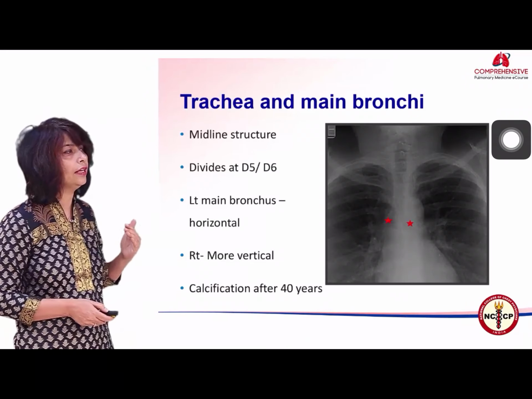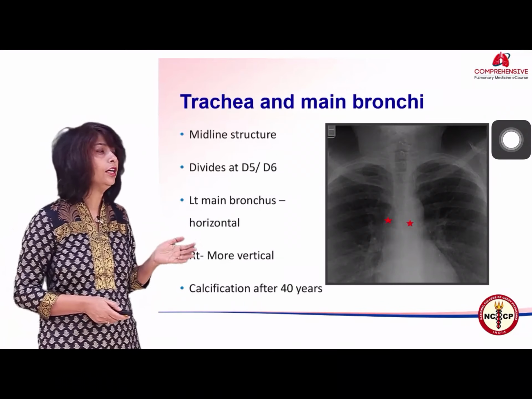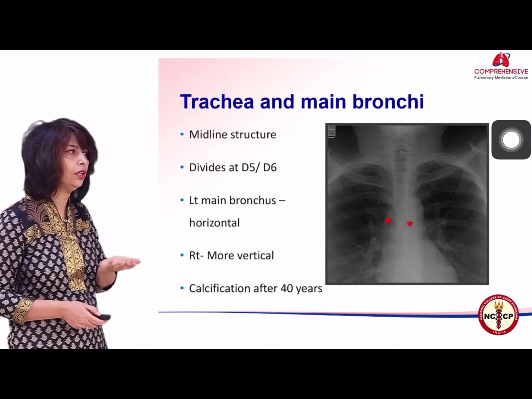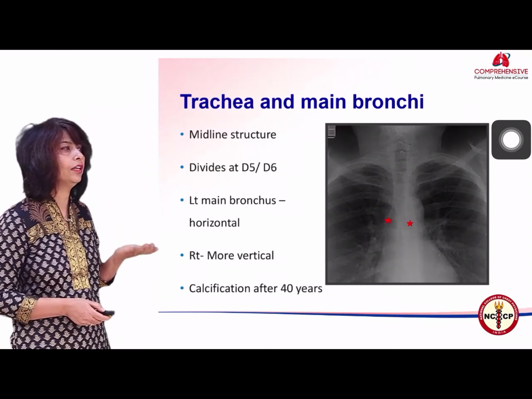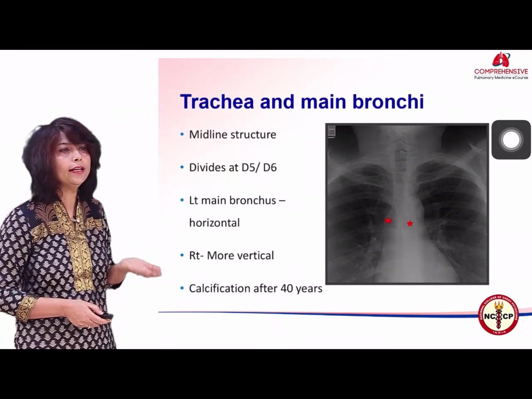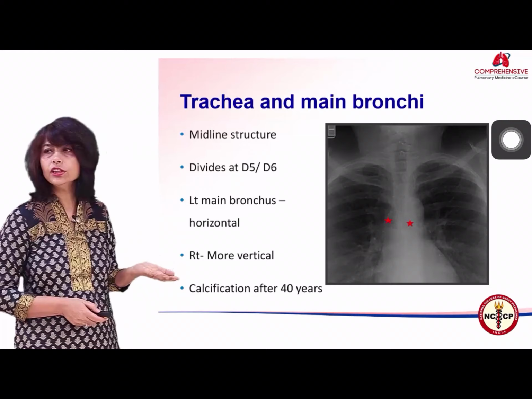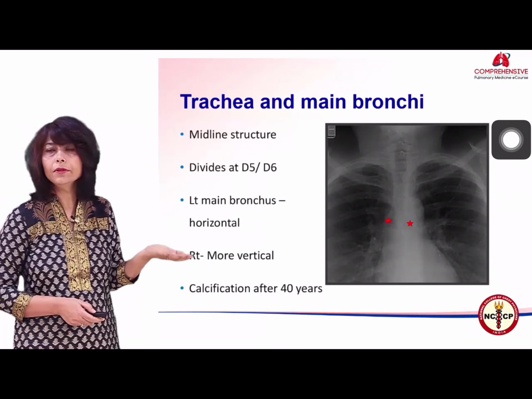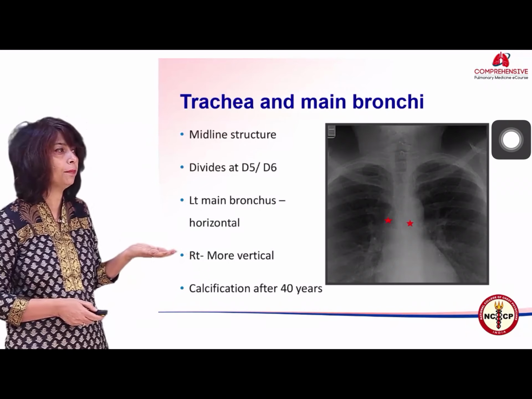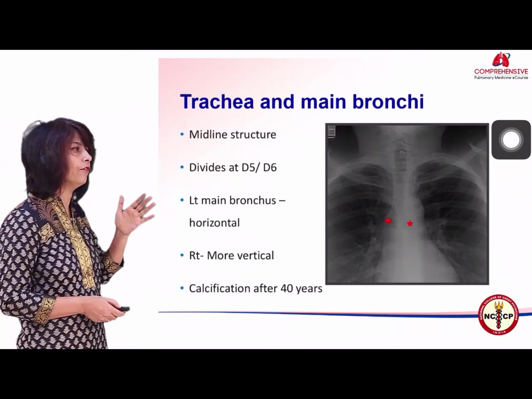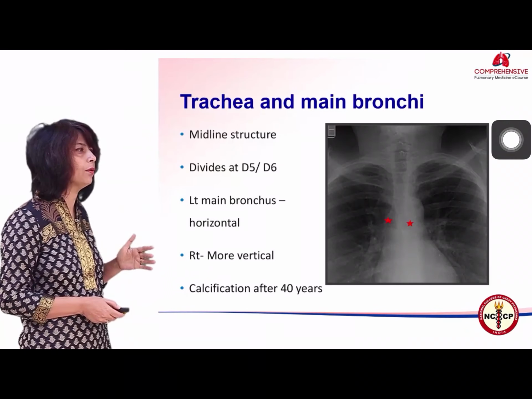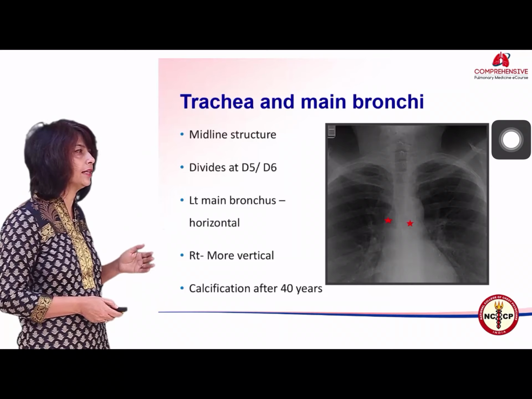Marked for you are the left and right main bronchi, to show you the more horizontal orientation of the left main bronchus, which will get lifted up if you have any nodes in the subcarinal region or enlargement of the left atrial appendage. The more vertical, straight looking bronchus is the right sided bronchus.